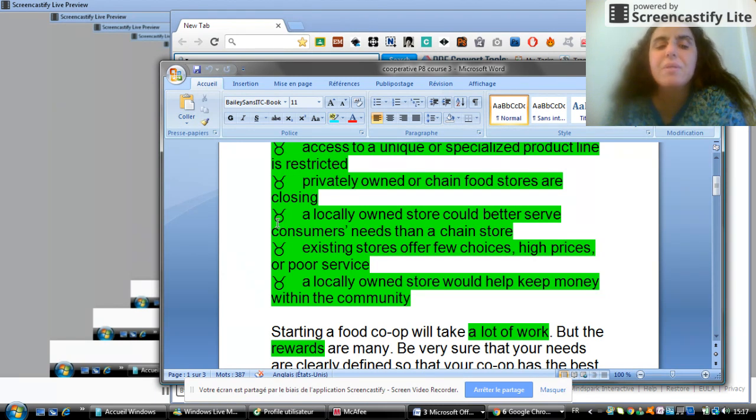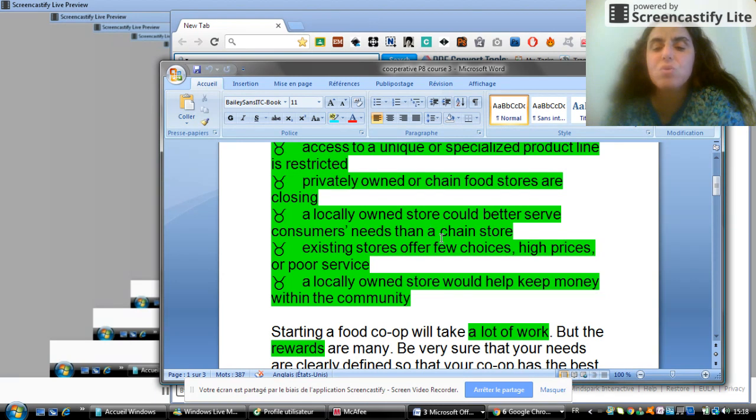So the third element that the two individuals, that is the two volunteers, should consider is the following. I'll read it again. A locally owned store could better serve consumer needs than a chain store. Now, you have two types of stores that could meet the needs of people. The first one is local. So it's placed within the geographical zone where they live.